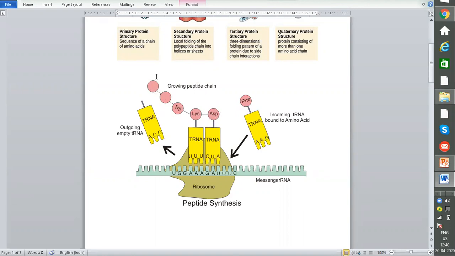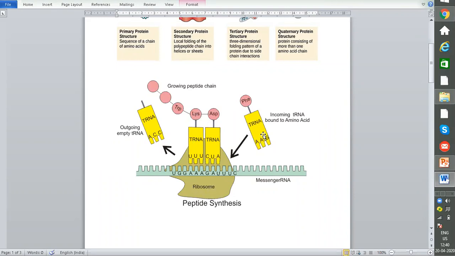For the formation of these proteins or enzymes, we need mRNA. This is the mRNA, which is obtained from the nucleus to the ribosomal area. This is the ribosomal area. Here the mRNA is present, and its information will be useful for synthesizing the peptide chains, and these peptide chains finally form proteins.